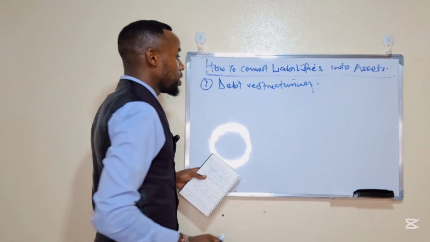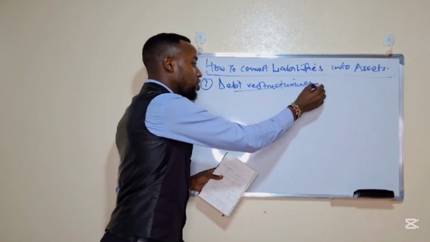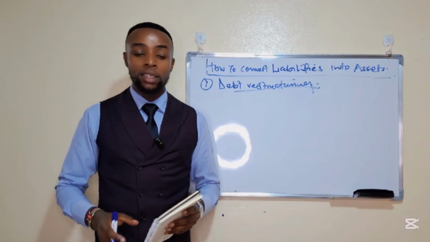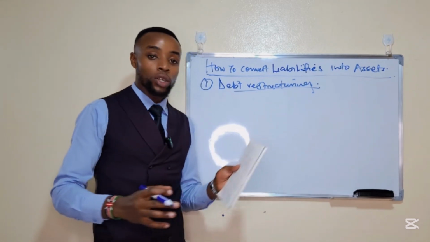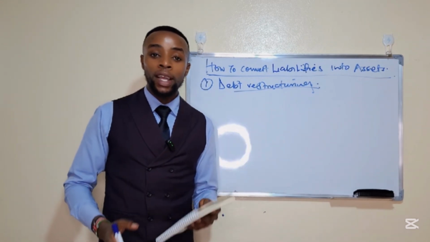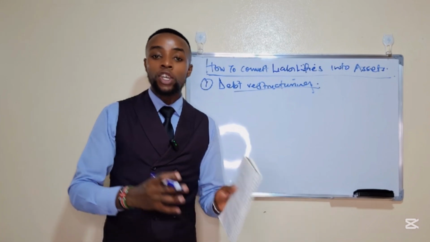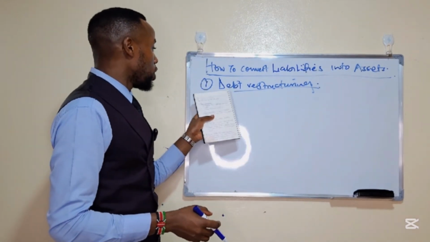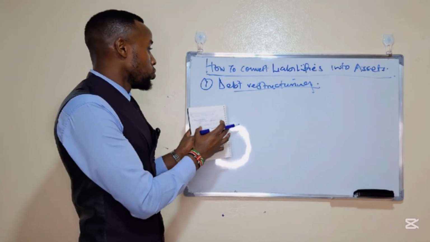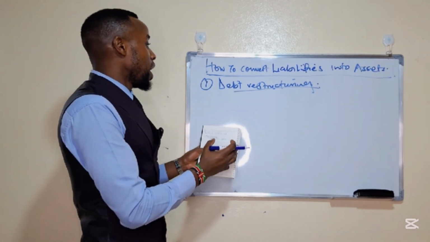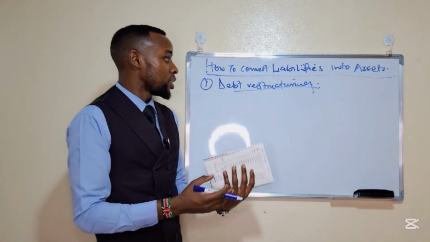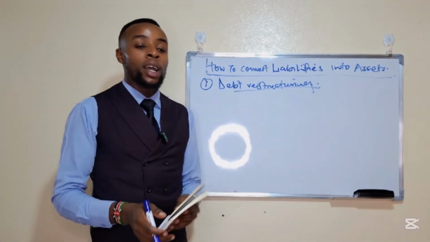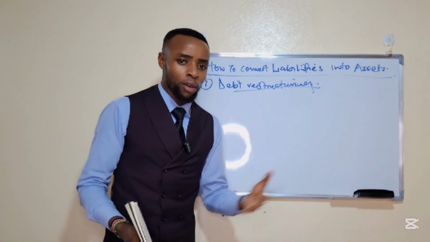Ladies and gentlemen, the reason why I'm talking about debt restructuring is because most people have liabilities today in their lives because of what we call debt, borrowing of money, and instead of acquiring assets, you acquire liabilities. Now, what do we mean by debt restructuring, and how is it going to make sure that we have more money in our pocket rather than money coming out of our pocket?